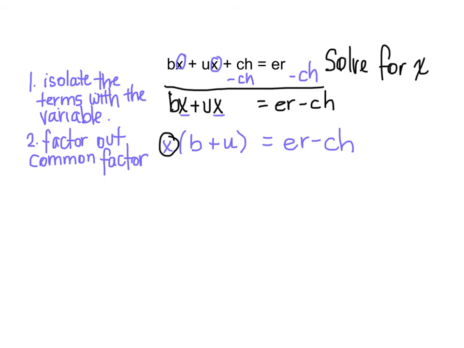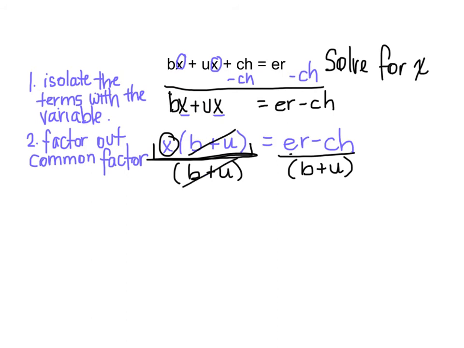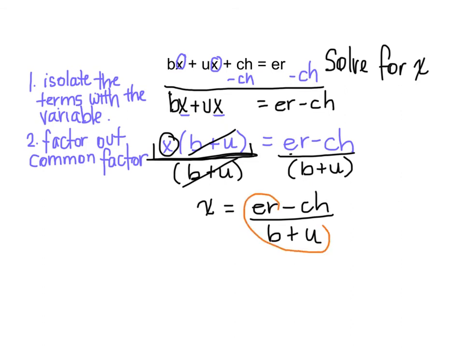Okay, well now my X is isolated. It is a factor. Remember, this now is one term. I have a factor of X times a factor of B plus U. So I can now just divide by the factor of B plus U. The B plus U will cancel, leaving me X equals ER minus CH over B plus U. Now, I know some of you were taught this heart thing, that this goes over that, but this also goes over that.